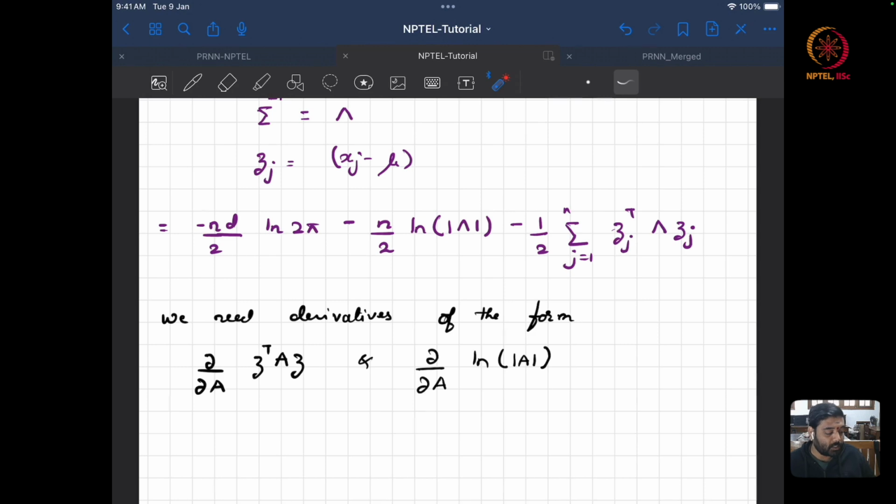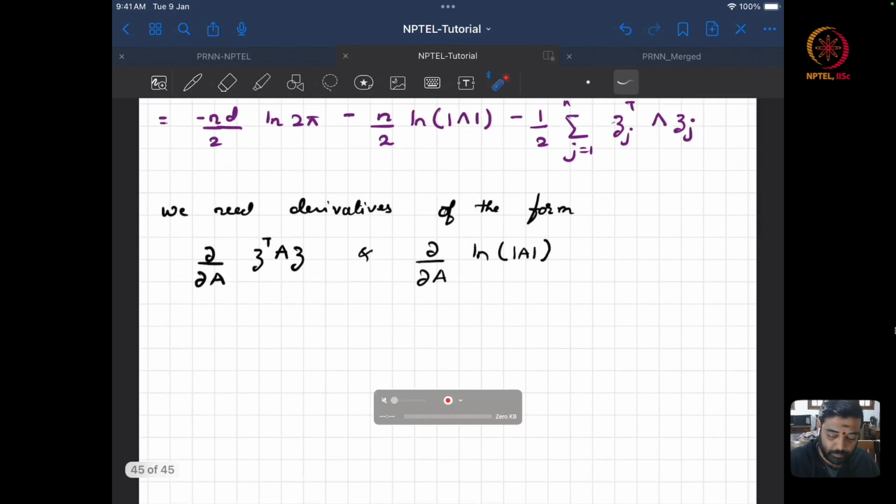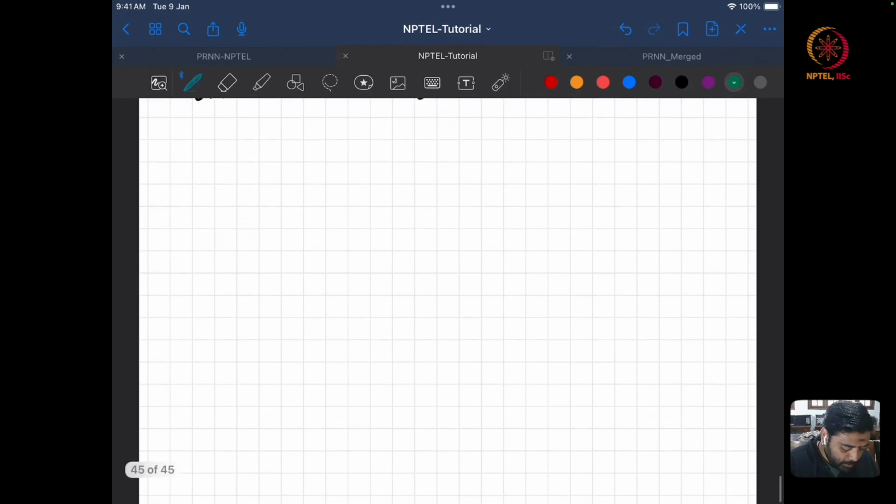Okay. So now, here come some of the important identities of the matrix. I'll not be going ahead and proving these identities, I'll be just using them. Now, some useful matrix identities. Now, all of us know about the trace.